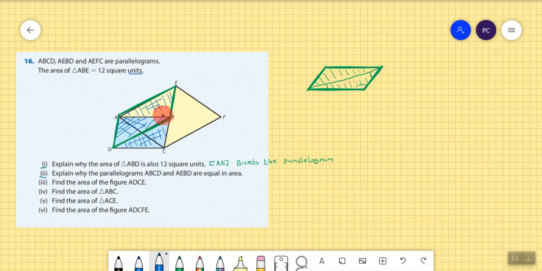You can say that they're equal in value because they contain similar triangles.